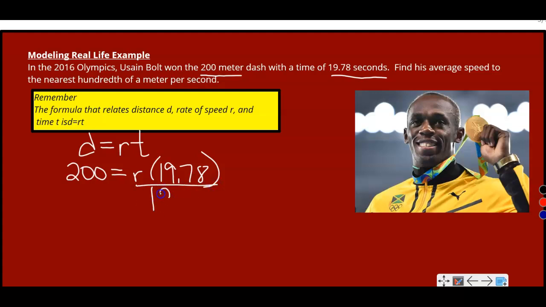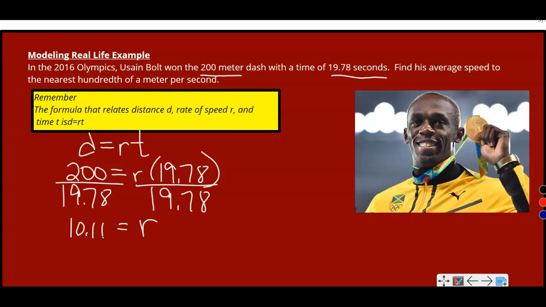Remember that the opposite of multiplication is division. So to find R, we're going to divide both sides by 19.78. So 200 divided by 19.78, your rate equals 10.11. All right, so Bolt's average speed was about 10.11 meters per second.